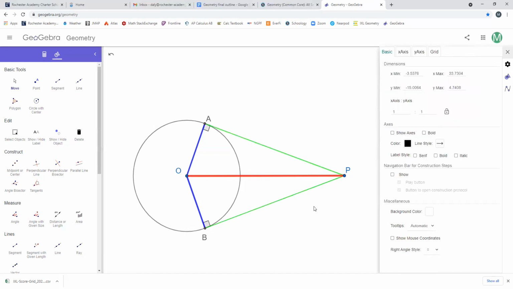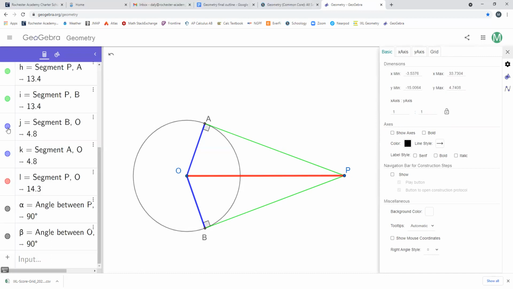So because of CPCTC, corresponding parts of congruent triangles are congruent, that's enough for us to know that these 2 green sides have to be congruent to each other. And that is exactly what we wanted to prove. The 2 tangents to the circle from the same point are congruent to each other.